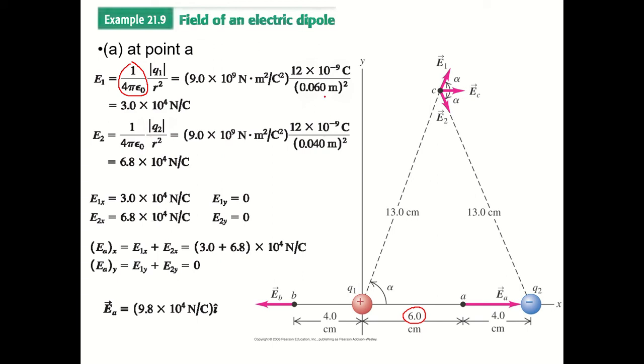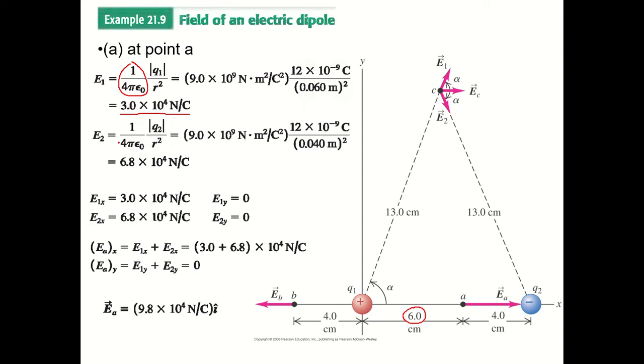In our calculation, since the unit of the charge is in coulomb, we need to convert this into meters, which is 0.06 meter. Then you square that, so you get this result. We have to be consistent with the units. We are given centimeters, but the calculation requires meters.